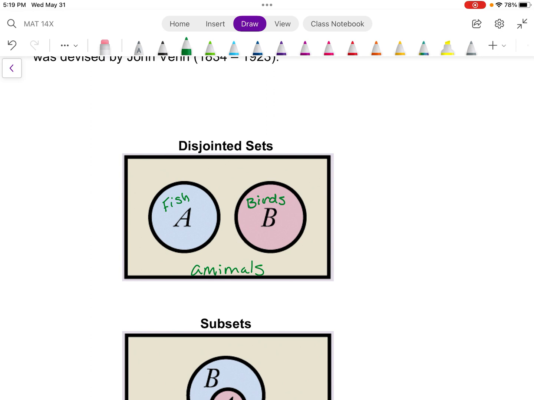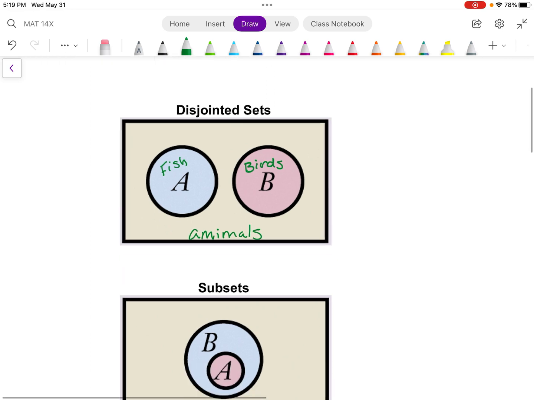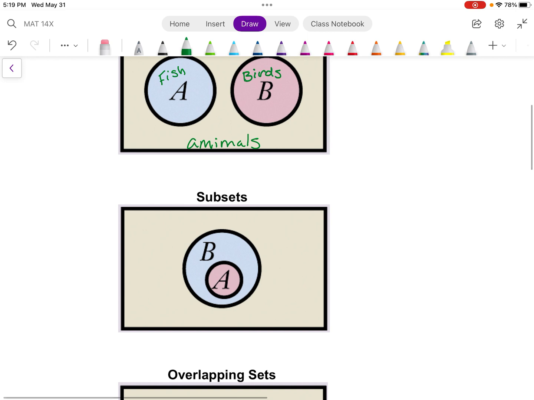The next relationship we might have is something called a subset. Within a subset, every member of this inner set A is also a part of that bigger set B, which is then also a part of the whole group that you're looking at. So let's say you did a survey on students.